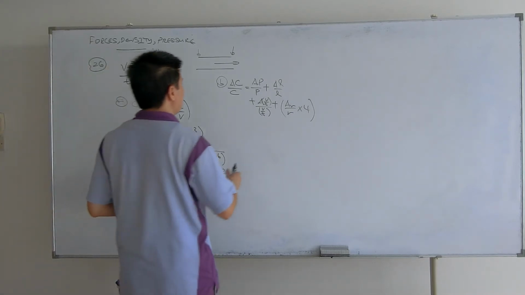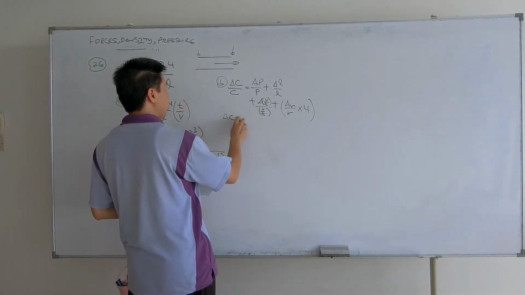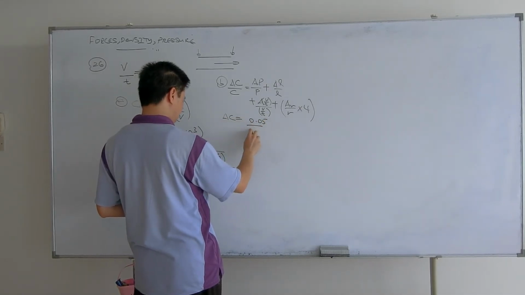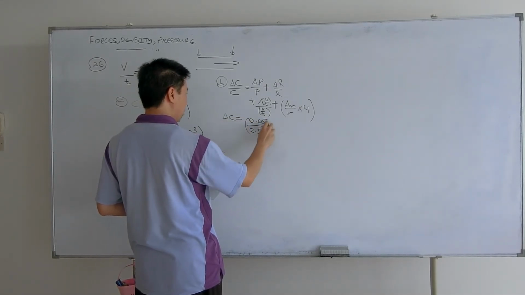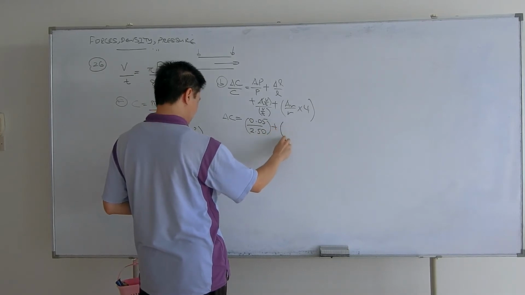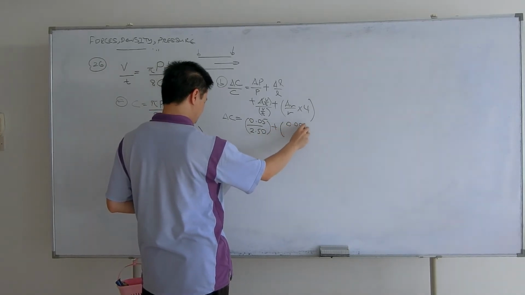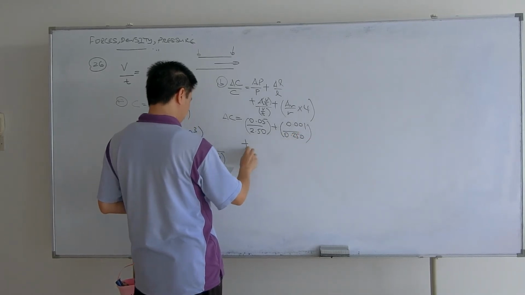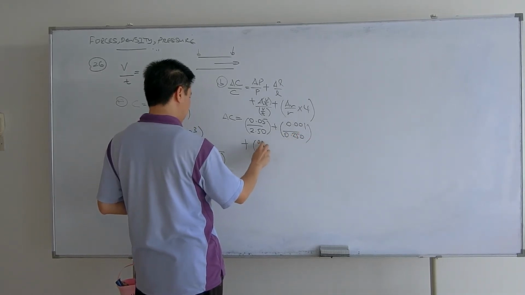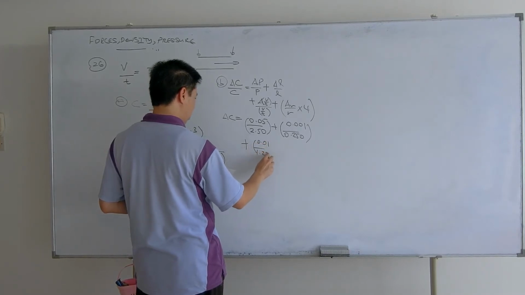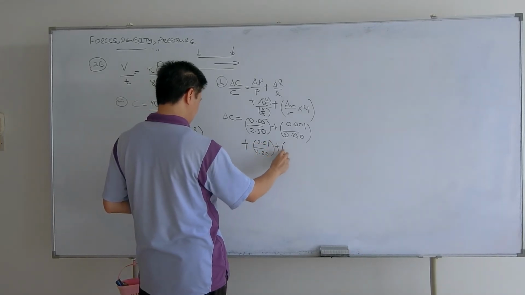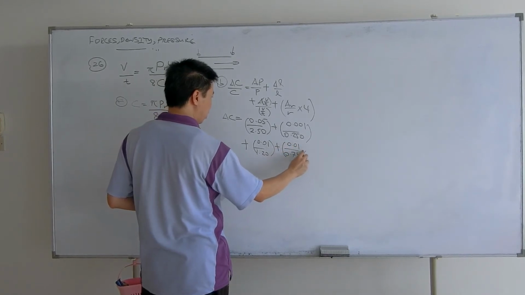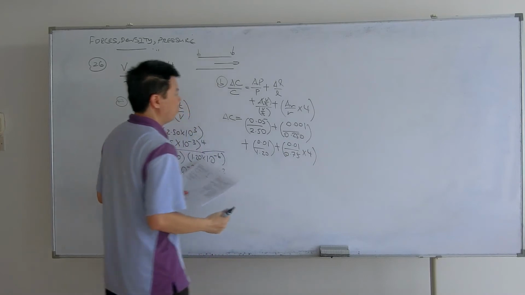So in this case, delta C over C is 0.05 over 2.50 plus delta L 0.001 over 0.250, plus delta (V over T) 0.01 over 1.20, plus delta R 0.01 over 0.75 times 4.